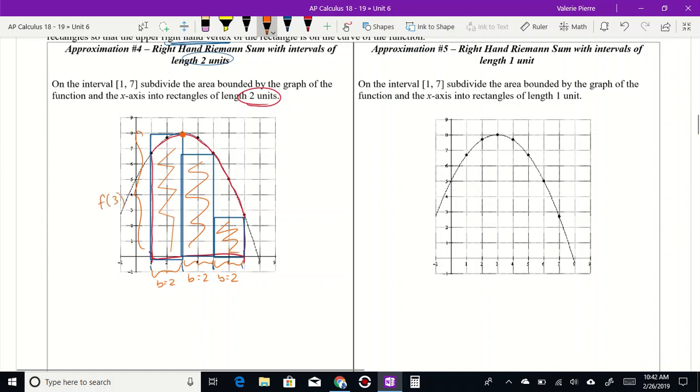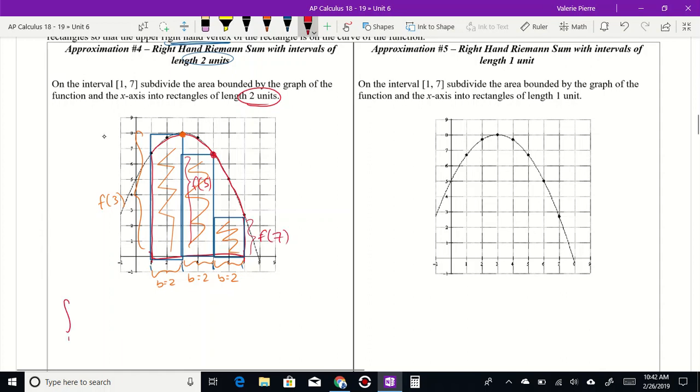And the height of my second rectangle is, again, the vertex that's on the curve, which is f of 5. And then last but not least, the height of my third rectangle is equal to the vertex that's on our curve, which is f of 7.